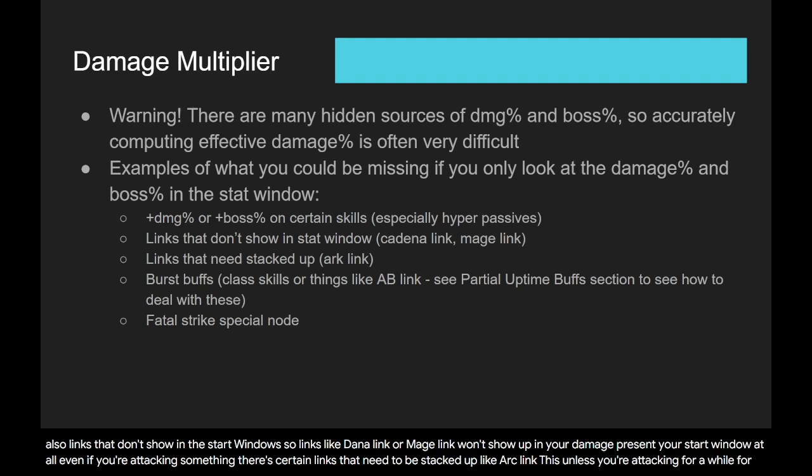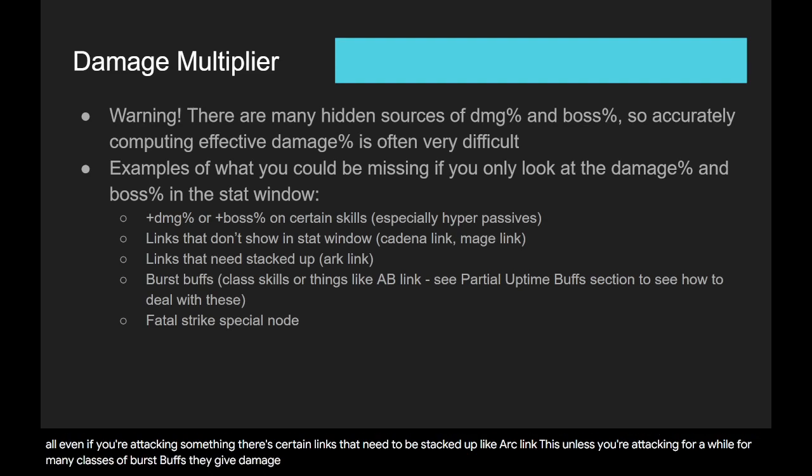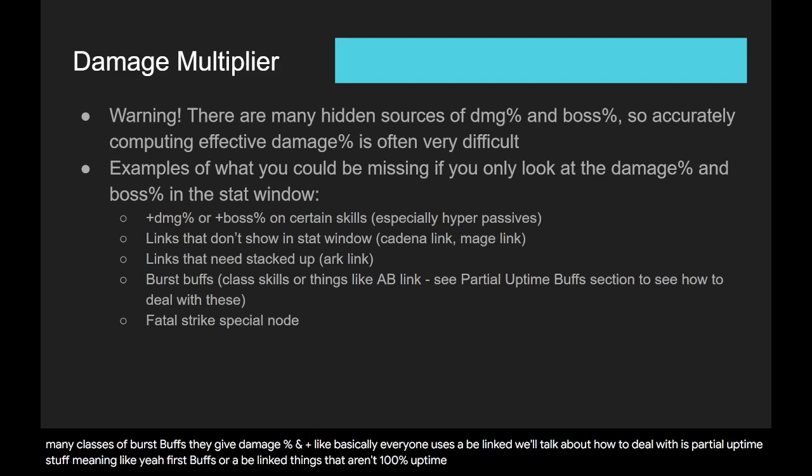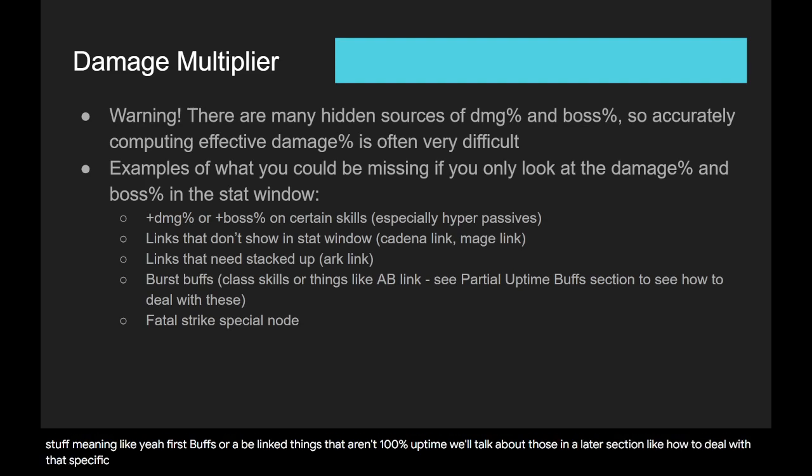For many classes there are burst buffs that give damage percent, and basically everyone uses AB Link. We'll talk about how to deal with partial uptime stuff, meaning burst buffs or AB Link, things that aren't 100% uptime, in a later section, but they do affect your effective damage percent in some way.